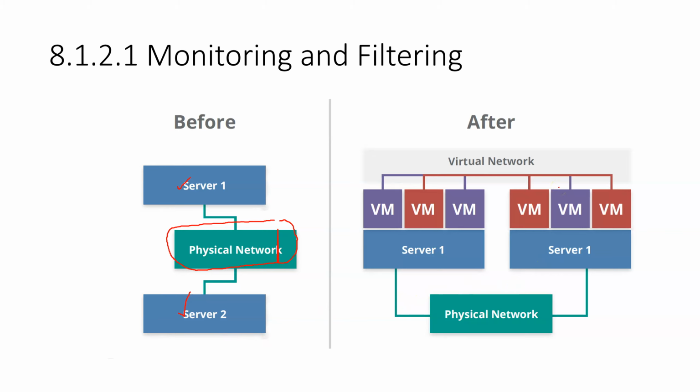In a virtual environment, you have the physical network underneath, and then you have server 1 with its own set of virtual machines. In this case, there are 3 virtual machines on each server, but the beauty of that is the 2 servers, this probably should be server 2, I'm going to call it server 2.